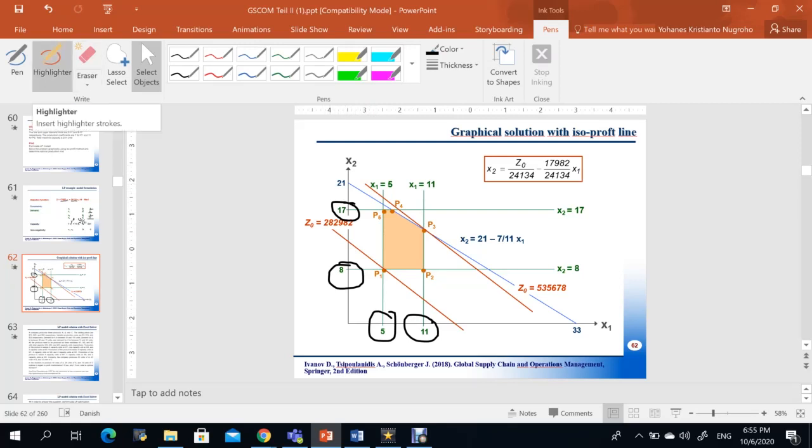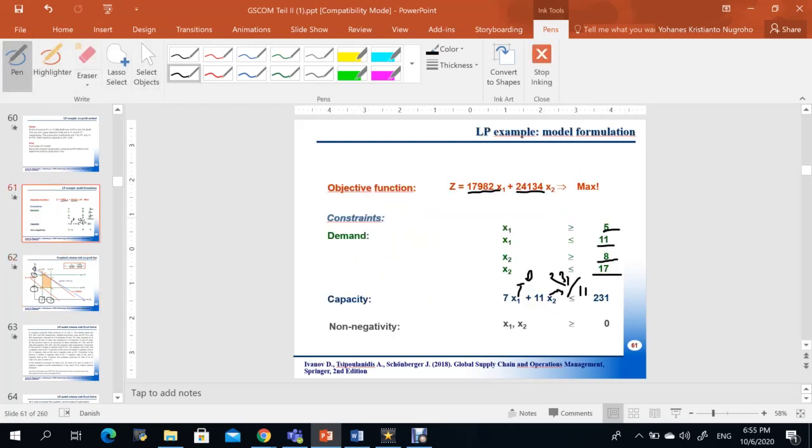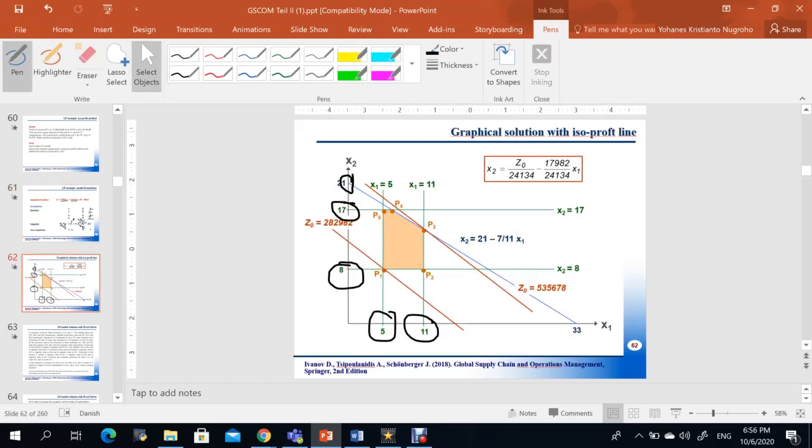So it is the first point here. And then next we reverse this, x2 equal to 0, and x1 equal to 231 divided by 7, around 33. So this is the second point, and then we connect these two points all together, and we can build a line here.